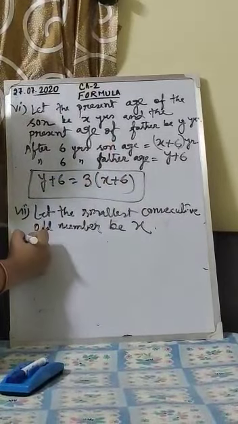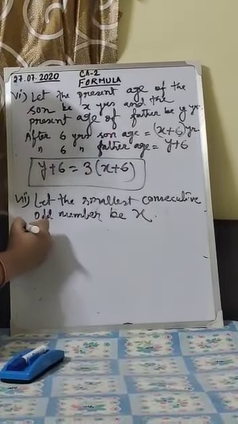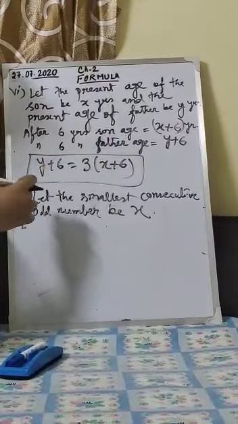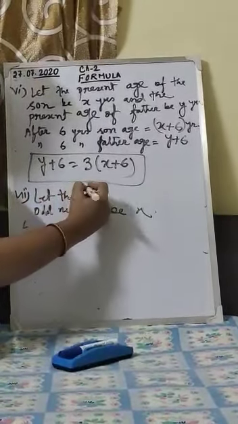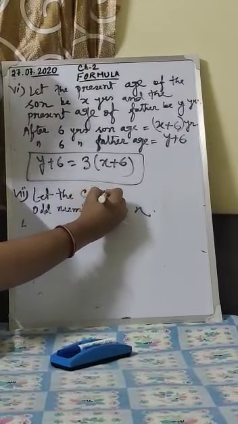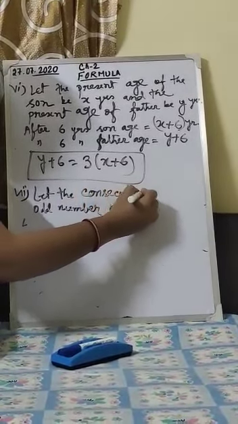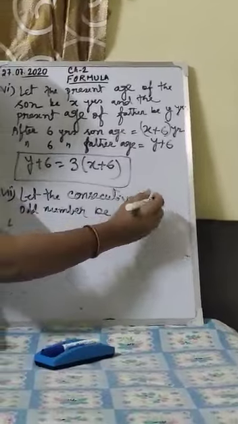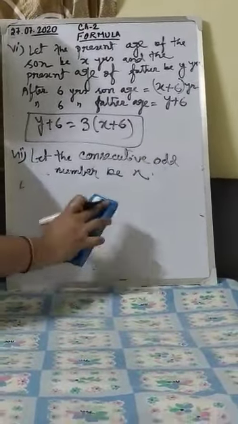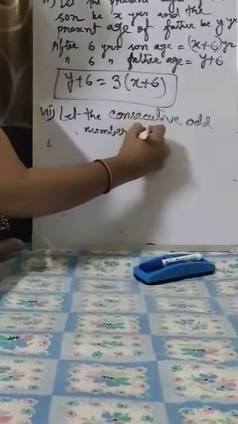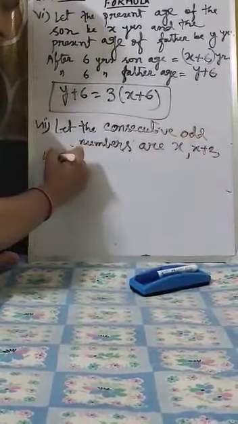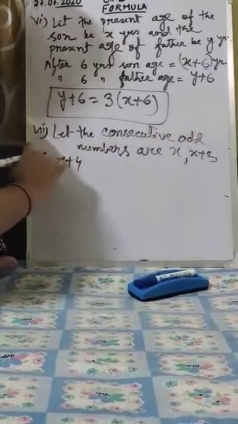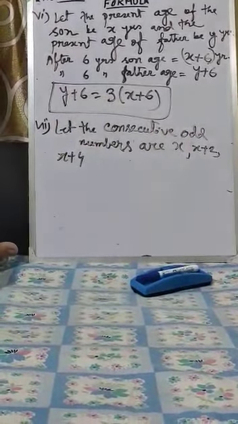Therefore, let the consecutive odd numbers be x, x plus 2, x plus 4, because it said 3 consecutive numbers.